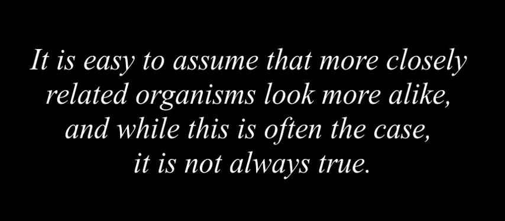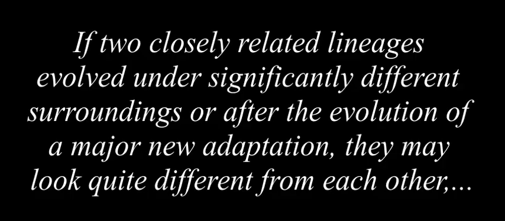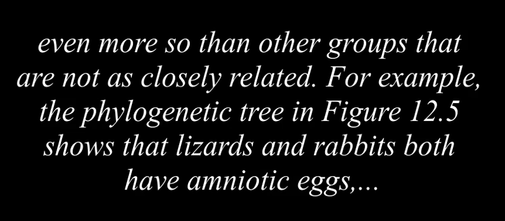Limitations of phylogenetic trees. It is easy to assume that more closely related organisms look more alike, and while this is often the case, it is not always true. If two closely related lineages evolved under significantly different surroundings or after the evolution of a major new adaptation, they may look quite different from each other, even more so than other groups that are not as closely related.